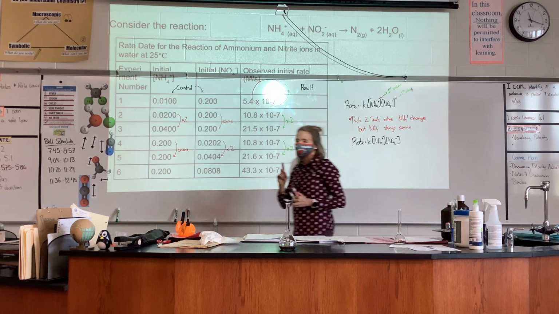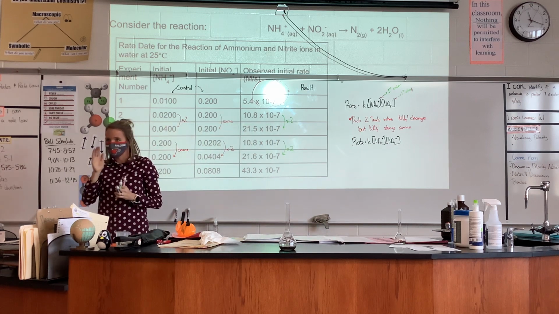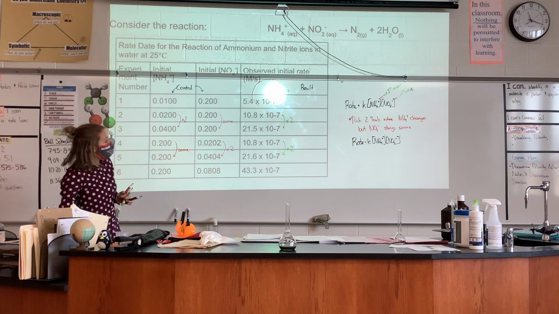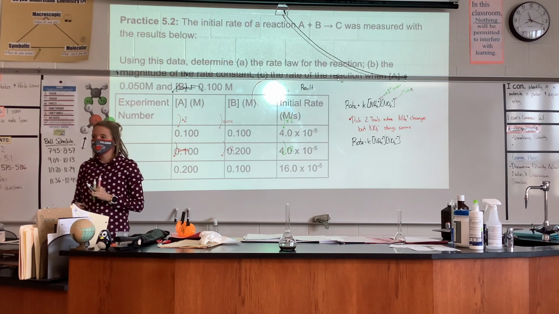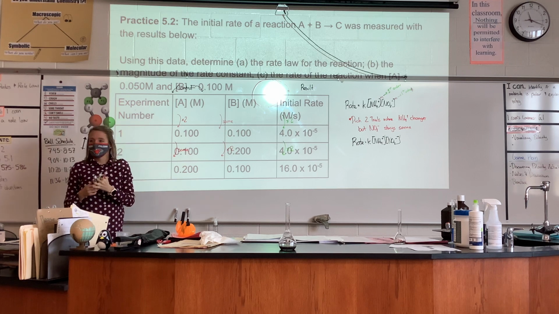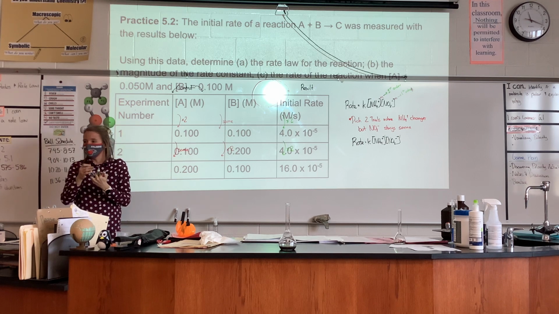Okay, before we do the next step, I actually want to have you practice this, because it's best to practice right after while it's fresh. So turn your paper to the next page, and with your table buddy, and this data, find me the rate law for A and B. Ready, set, go.